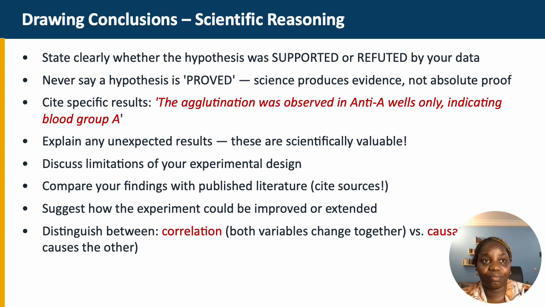Is it a protocol failure or something? Just explain any unexpected result, because these are scientifically valuable. It can guide other researchers if they want to redo your experiment. If it is something related to your SOP, you can just do it again.